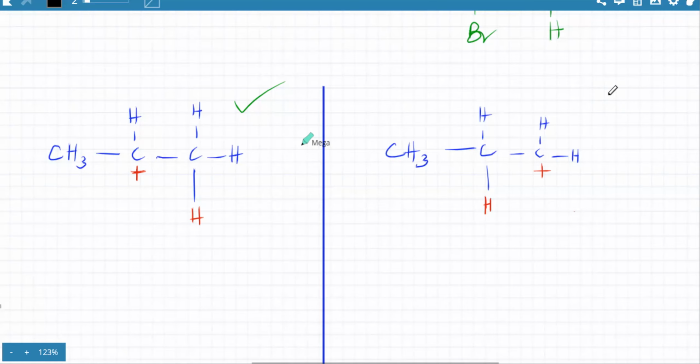So what's so special about the left one, and what's so special about the right one? The whole thing boils down to the positive charge on this carbocation. Focus on the positive charge on this carbocation. This carbocation is positively charged, so I'm just going to put that positive charge on that carbon. This carbon atom is also positively charged, and I'm going to circle them as well.